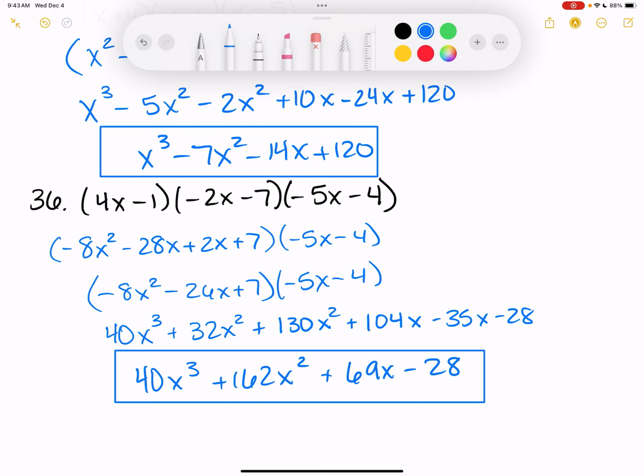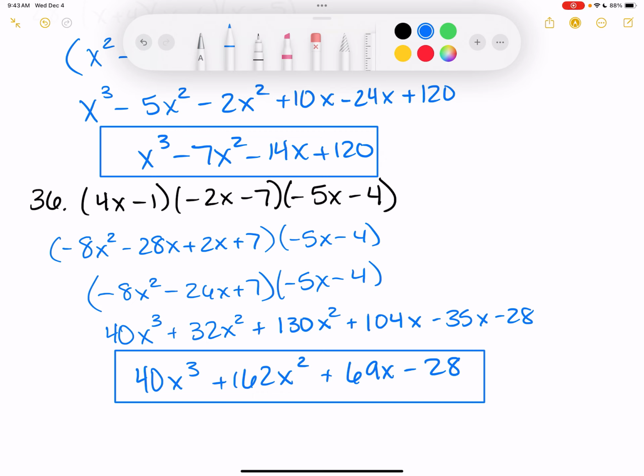So when I did the first set of multiplication of foiling, I got negative 8x squared minus 28x plus 2x plus 7, and then simplified that to negative 8x squared minus 26x plus 7. Multiply that by the negative 5x minus 4. Got everything that you see written there in the next step, and then ultimately got the answer of 40x cubed plus 162x squared plus 69x minus 28.